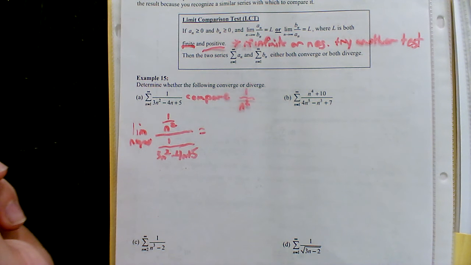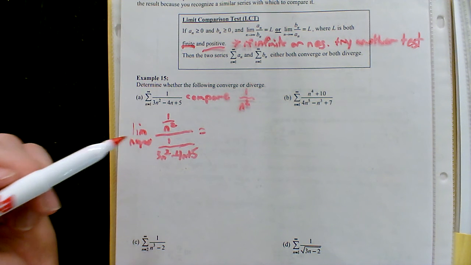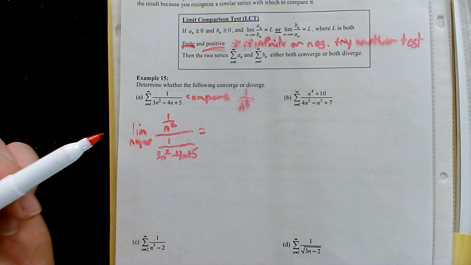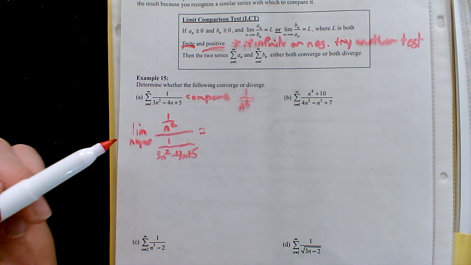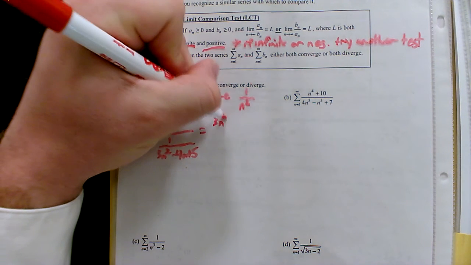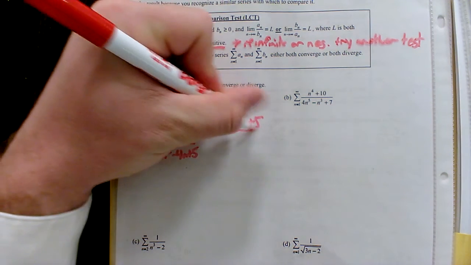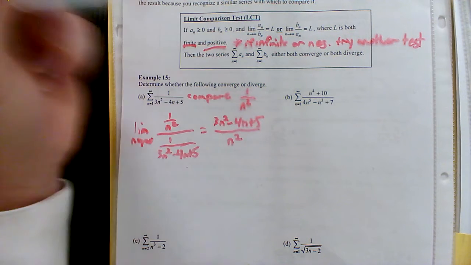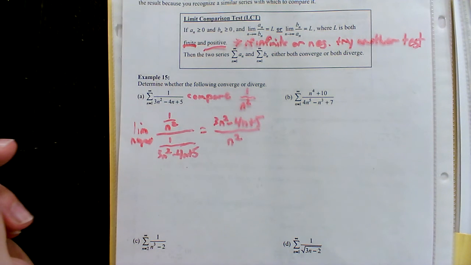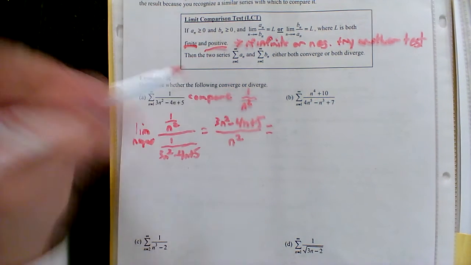What would that simplify to? If we have a fraction over a fraction, exactly. Okay. Now remember what we're actually doing with this.